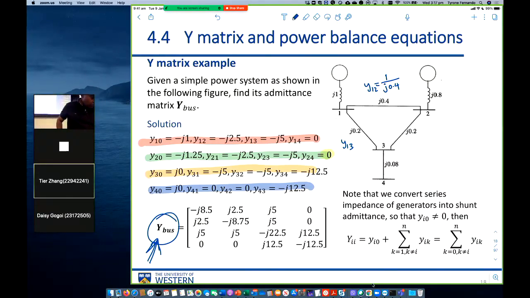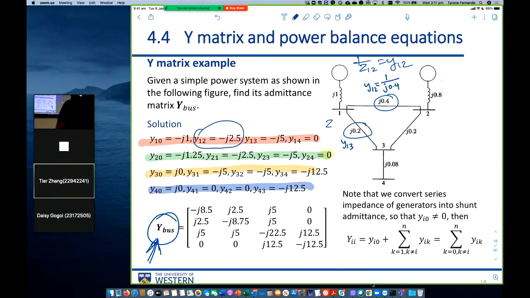So if I look at this impedance, that's Z12, and if I take the inverse of that, then that becomes Y12, which is this value here. I can then take this impedance, what is that?